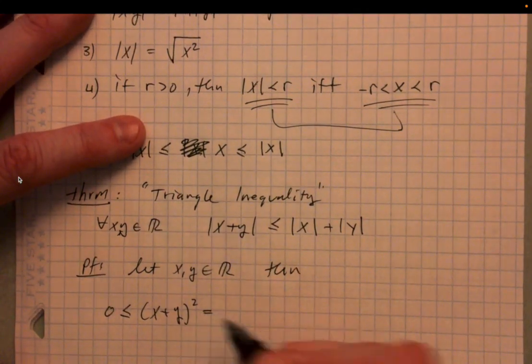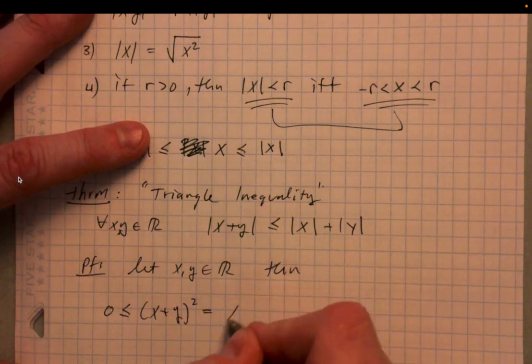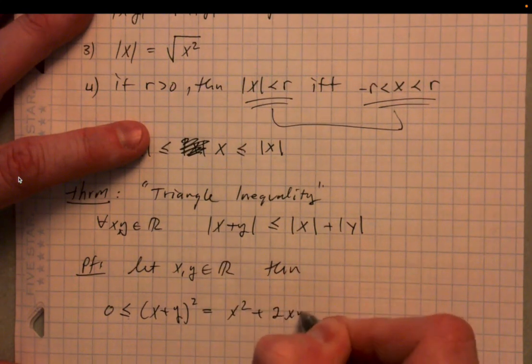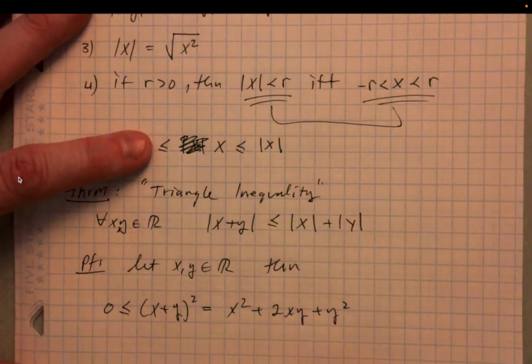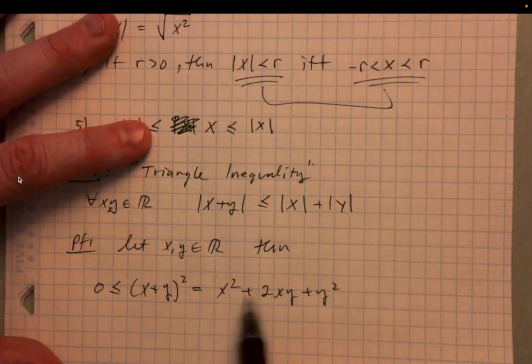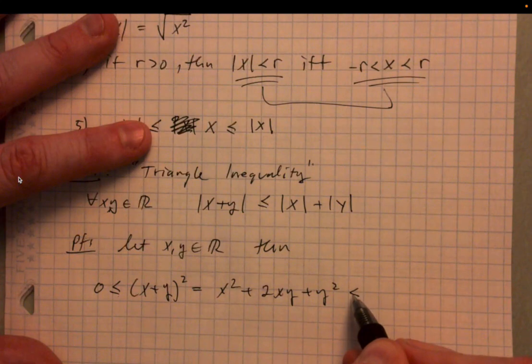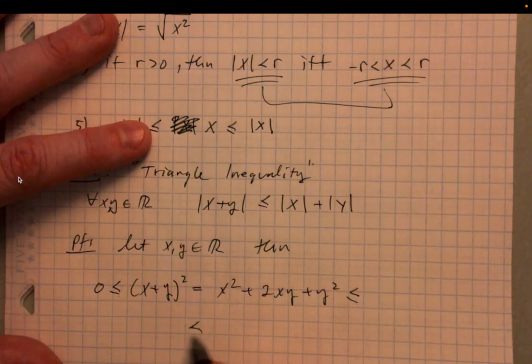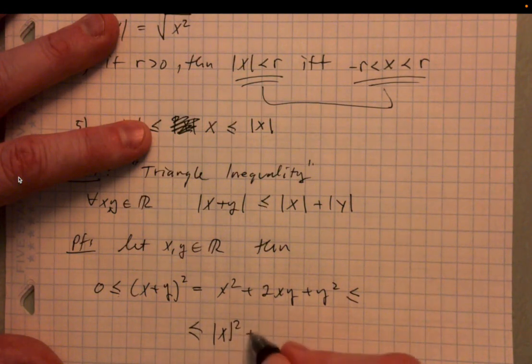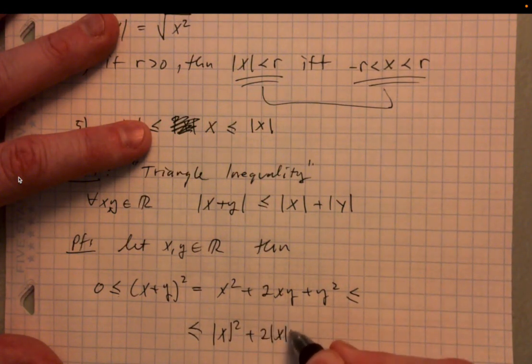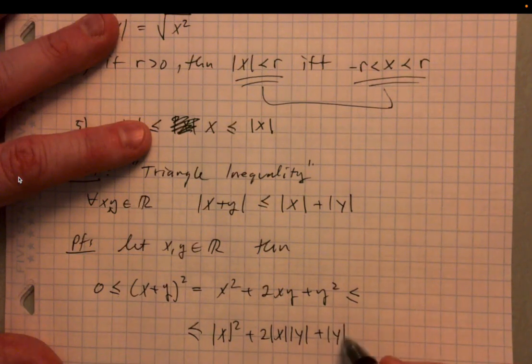FOIL this out and you get x squared plus 2xy plus y squared. And this, according to the previous theorem, is less than or equal to the absolute value of x squared plus 2 times the absolute value of x times the absolute value of y plus the absolute value of y squared.